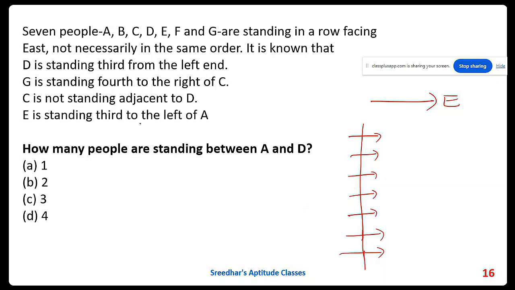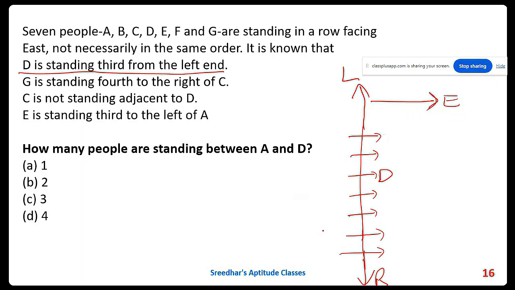Now, out of this, he says D is standing third from the left end. When people are facing east, this becomes the left end and this is the right end. Now, D is standing third from the left end. So, 1, 2, 3. Here is D. Is that clear? Next.